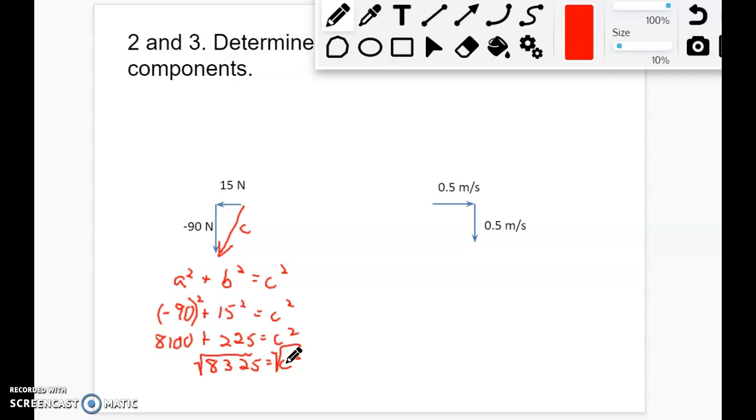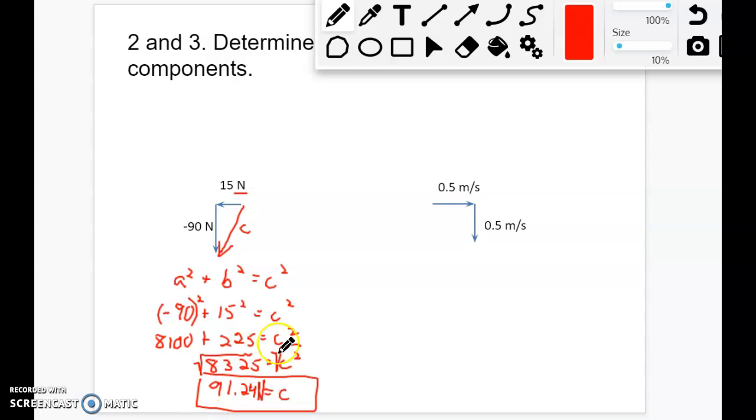So my answer for c comes out to be 91.24. When you get your answers, go out 2 or 3 decimal places, that's fine. And so this is my answer, but I also need a unit. My unit is whatever I was working with up here. Because that was in newtons, my answer here is in newtons.